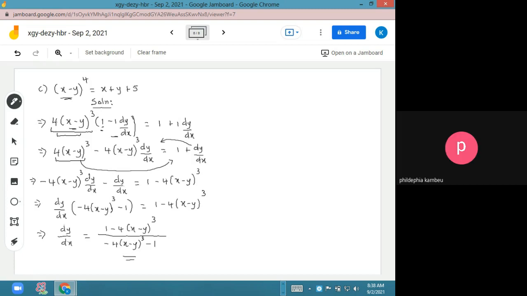Look, what we have is (x minus y) to the power 4 is equal to x plus y plus 5, is it? This here is like u to the power 4. When you differentiate it, you say 4u cubed times u prime. So we'll say 4(x minus y) cubed, and then u prime: we differentiate x, we get 1.